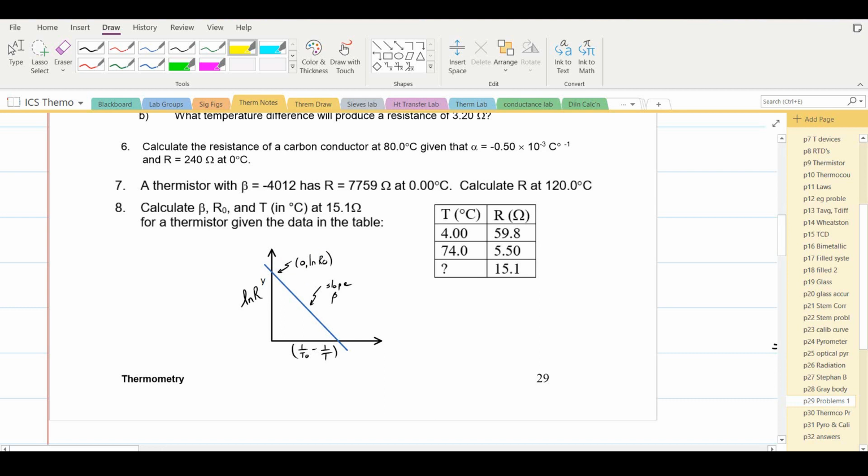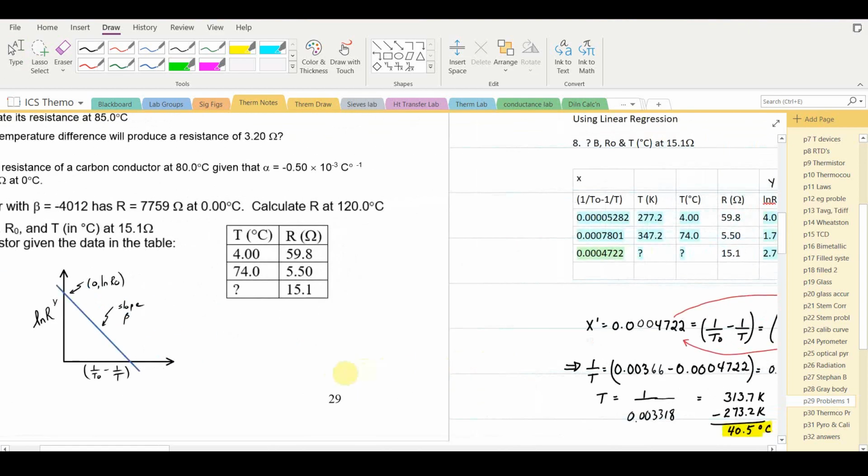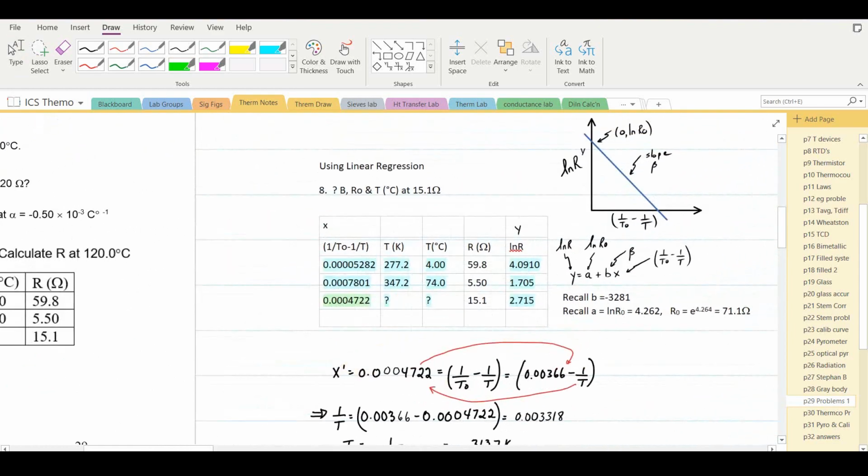So if we were to plot ln of R rather than R, and 1 over T sub 0 minus 1 over T, both in Kelvin instead of degrees Celsius, we could then use that plot and obtain the intercept and the slope, and we could forecast from it using linear regression. That's what I'm going to do here. Now it's pretty tedious for me to write it all out, so I've gone ahead and done that, and I want you to just follow with me.